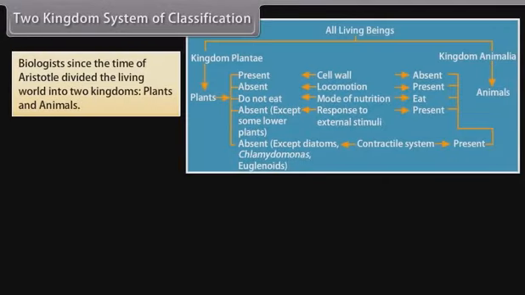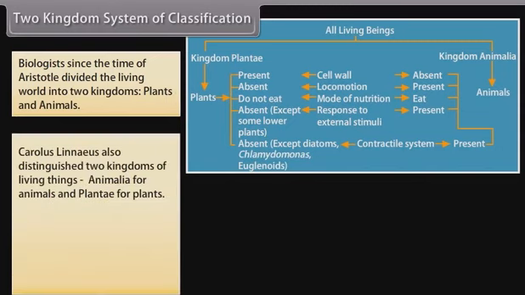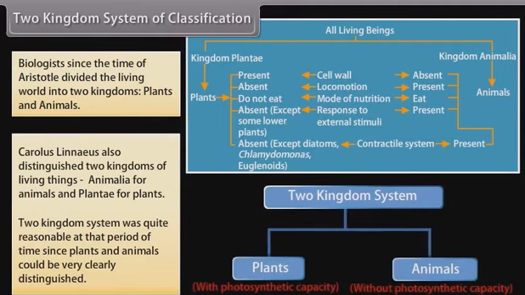Biologists since the time of Aristotle divided the living world into two kingdoms, plants and animals. Carolus Linnaeus also distinguished two kingdoms of living things, Animalia for animals and Plantae for plants. Two-kingdom system was quite reasonable at that period of time since plants and animals could be very clearly distinguished.